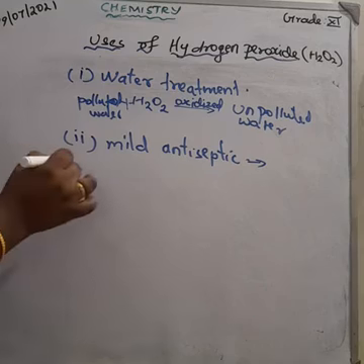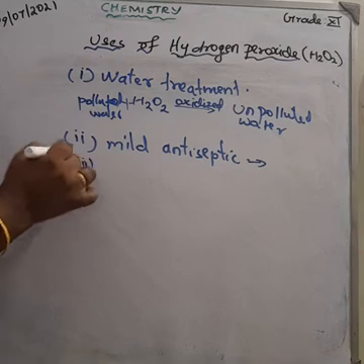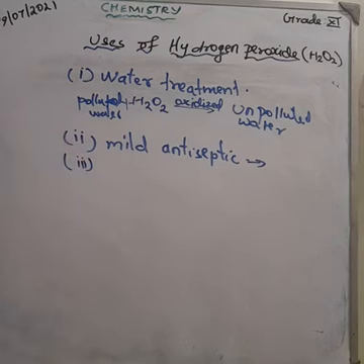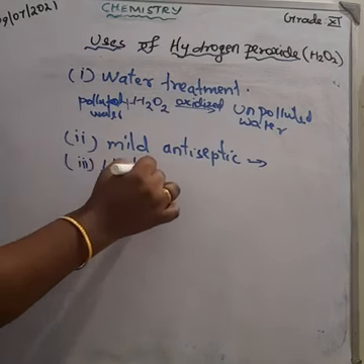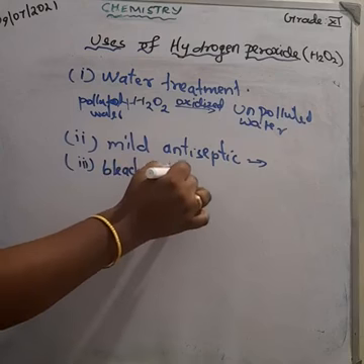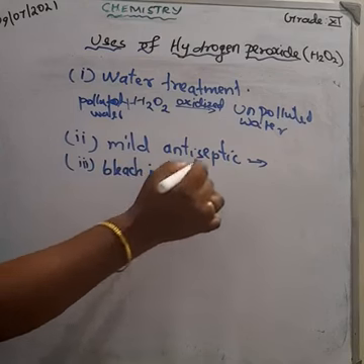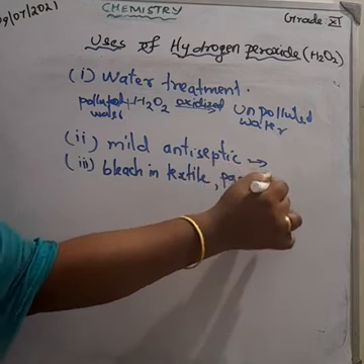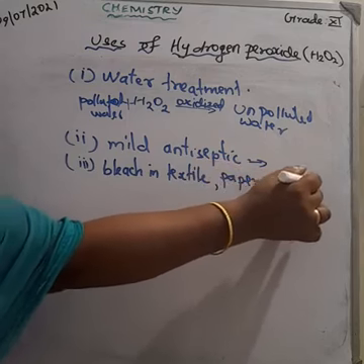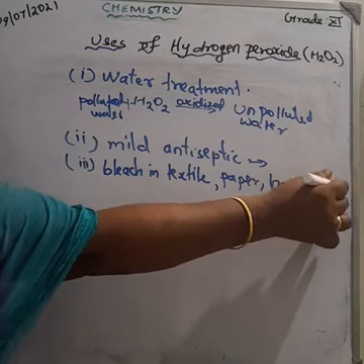Third use: hydrogen peroxide is used as a bleach in the textile, paper, and hair care industries.